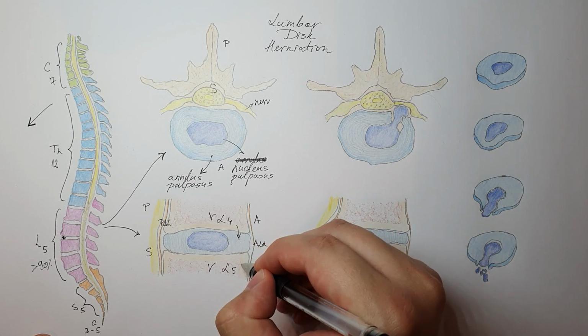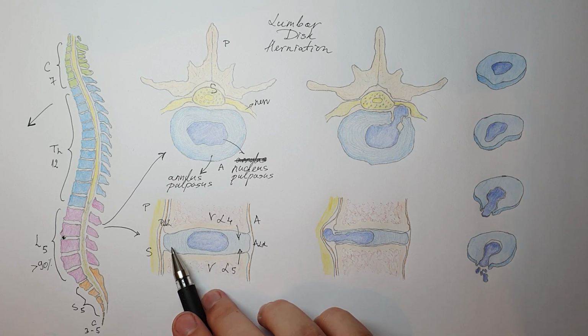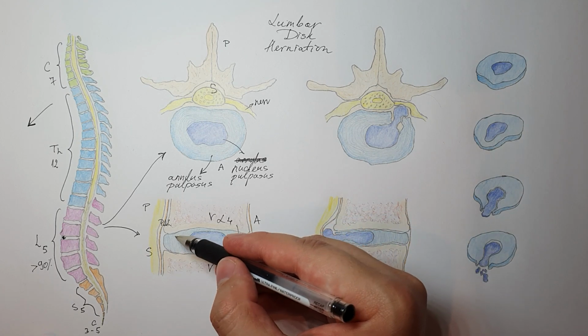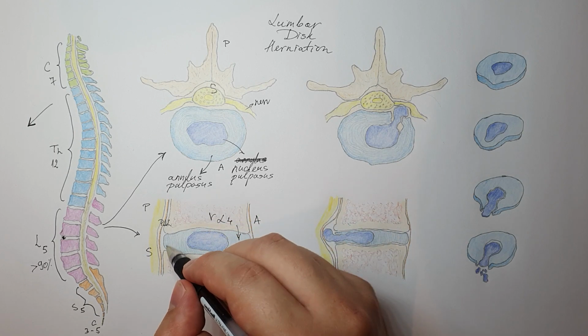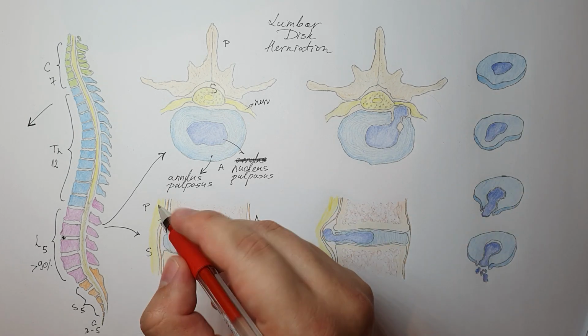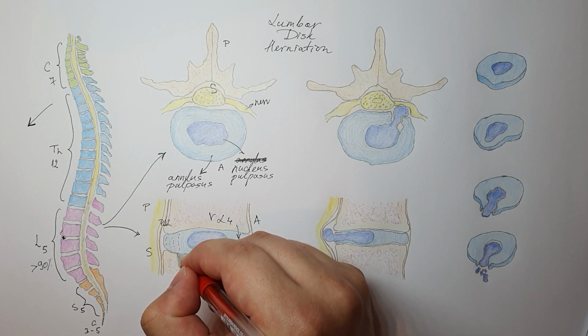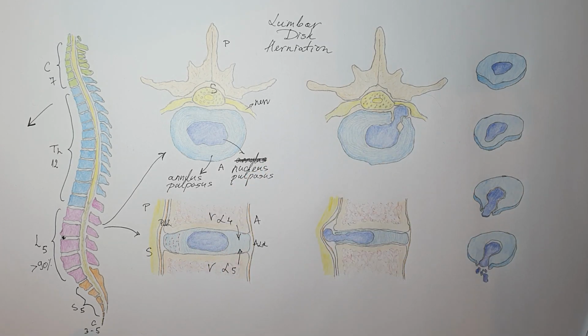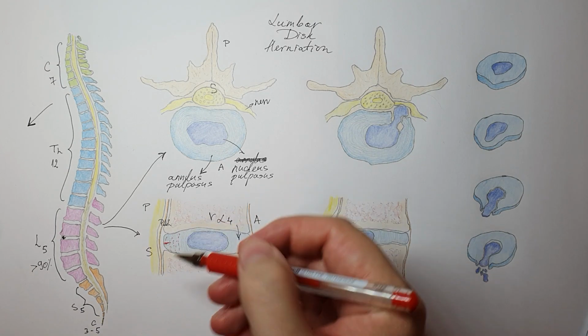There will always be pressure here. This will push the nucleus back and stretch this part and cause stress here. There will be little tears, so there will be degeneration of this annulus.